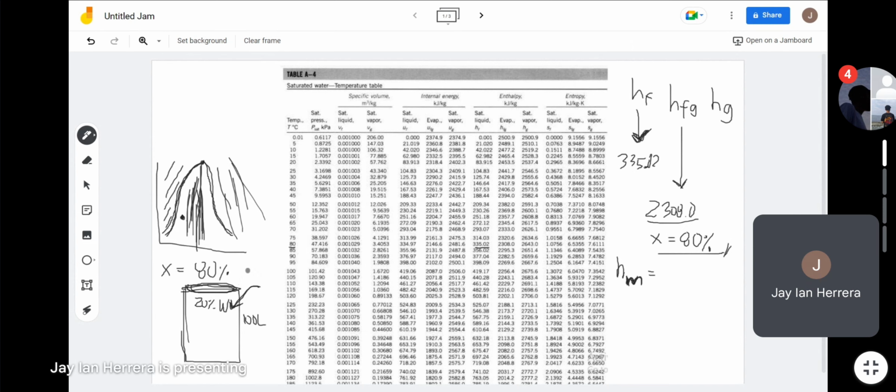So meaning 80 liters yung volume ng steam or vapor na dito sa taas. Then 20 liters yung tubig. 20 liters na lang yung tubig na natitira.